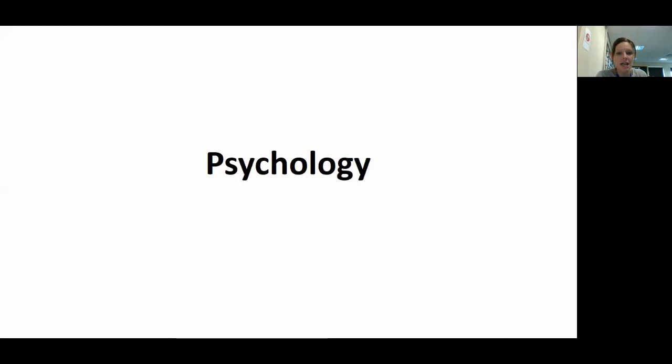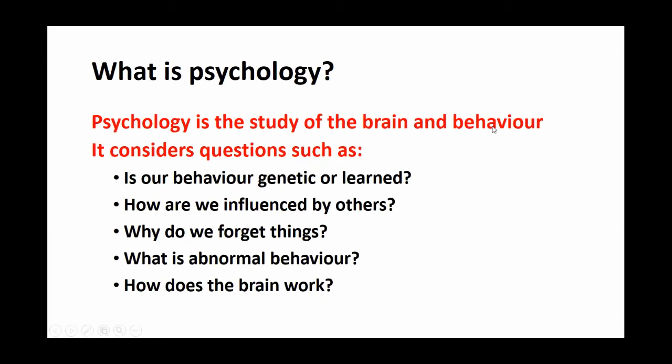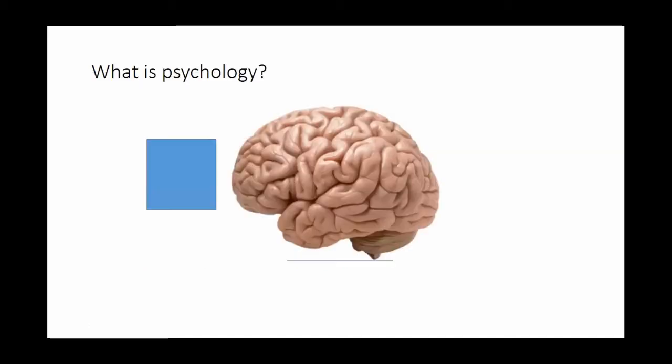I'm going to talk to you today about one of the questions I'm asked most often, which is, what is psychology? What is it all about? So first of all, I thought I'd give you a little overview. Some of the things that psychology is interested in learning is whether our behavior is genetic or is it learned, how those around us influence our behavior, why do we forget things, what is abnormal behavior, and how does the brain itself work?